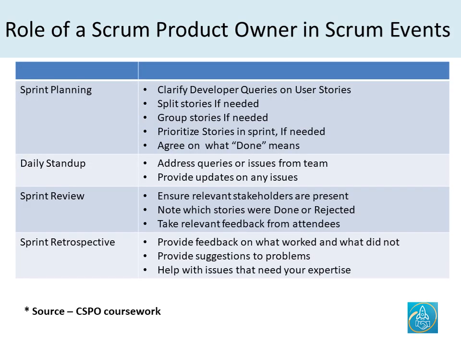Now, what is the role of a Scrum product owner in various Scrum events? During the sprint planning stage, it is the role of Scrum product owner to answer any of the developer queries as they are estimating the stories and moving them to the sprint. It is the role of the Scrum product owner to split the stories if they are not granular enough, and then to group the stories if some stories would go together in a sprint.